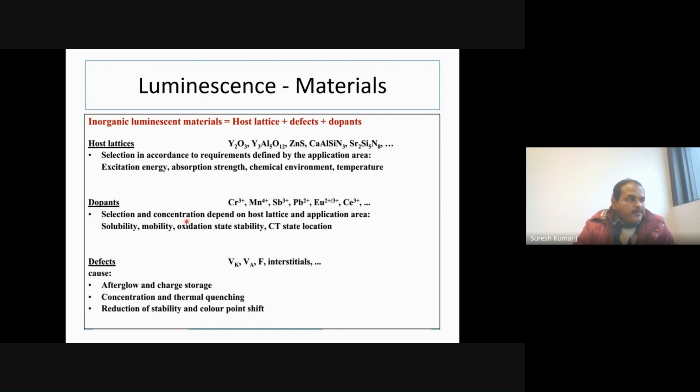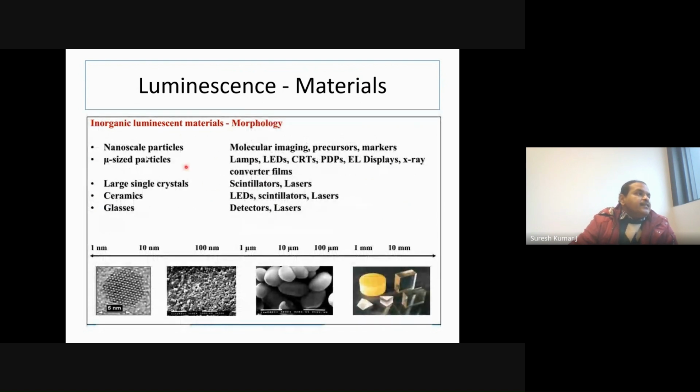upon photon excitation. The main ions responsible for photoluminescence in the transition metals are chromium, manganese, tin, and lead, and in the rare earths they are europium, cerium, erbium, thulium, holmium, etc. Luminescent materials can also be classified into nanoparticles, microscale particles, large single crystals, ceramics, glasses, etc. Nanoscale particles are important in molecular imaging, precursors, markers.